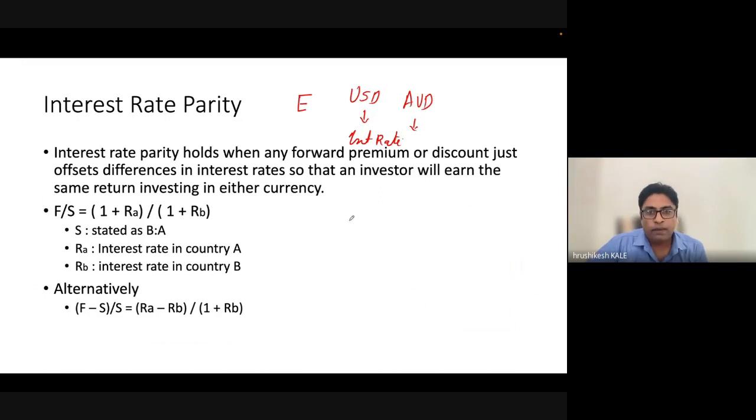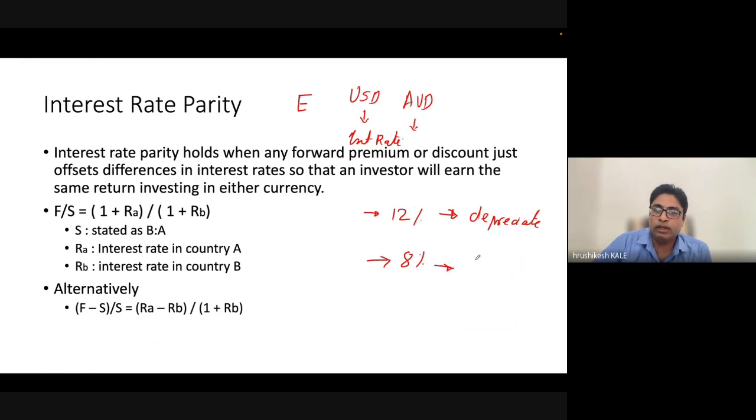And it's saying that the currency with higher interest rate will depreciate, and the currency with lower interest rate will appreciate.